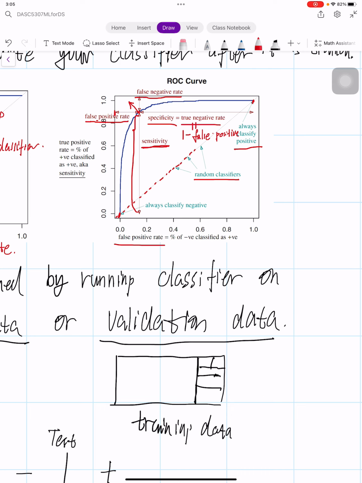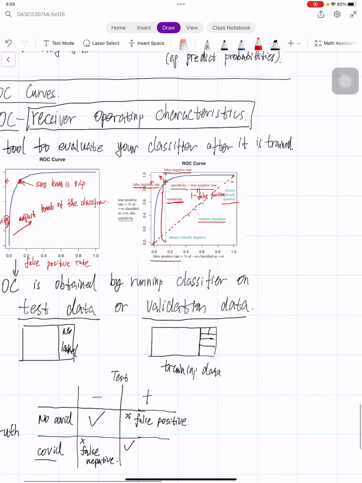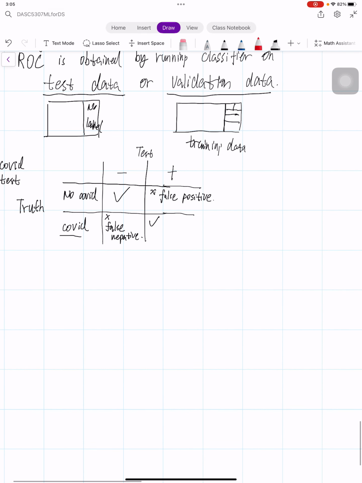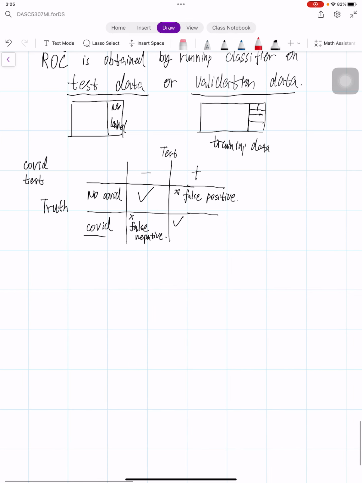If the coin turns up heads, you choose positive, with tails, you choose negative. So your classifier should be above this diagonal line, better than tossing a coin. Okay, so this is called the ROC curve.